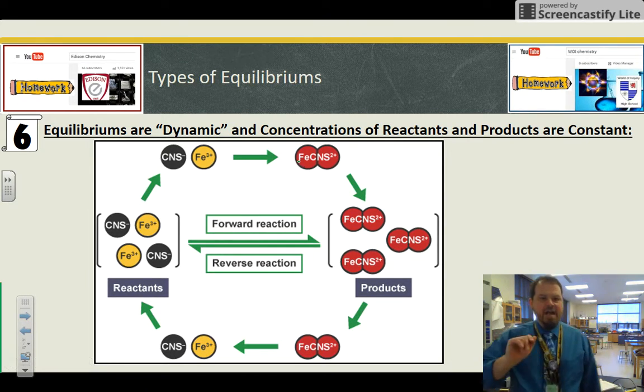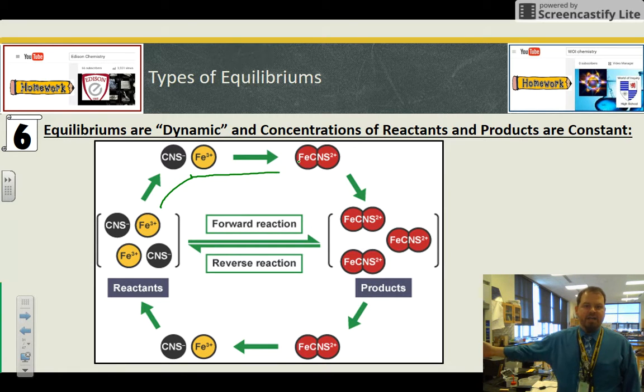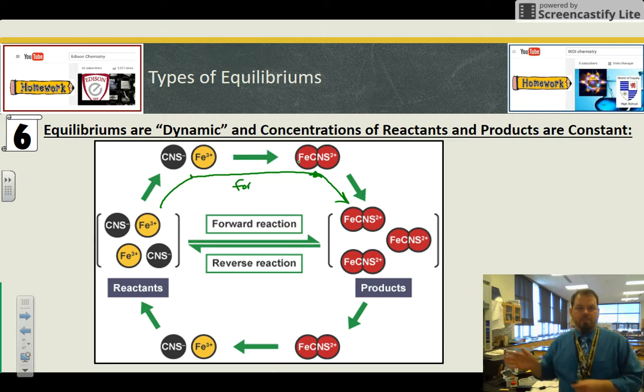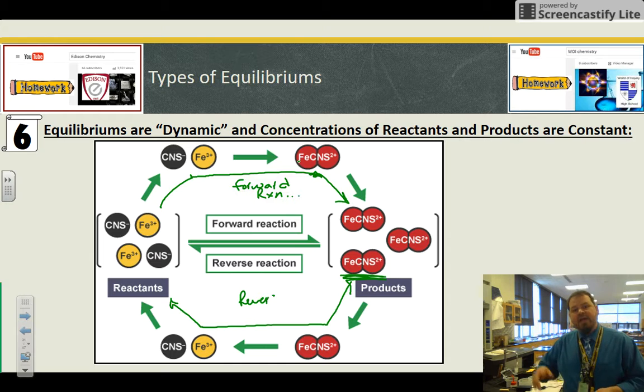So if a cyanide ion and an iron ion hook up, they form this iron cyanide complex, and that's happening. And so now 2 reactants just formed a product. Well, if that's going to happen, every single time that happens during equilibrium, a product must break apart and form a cyanide ion and an iron ion. And that happens at the exact same time.